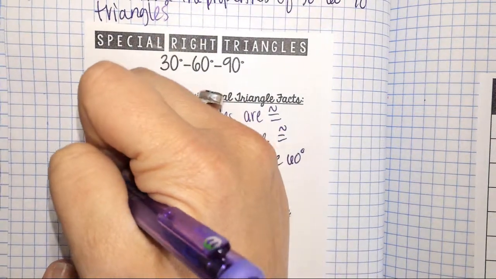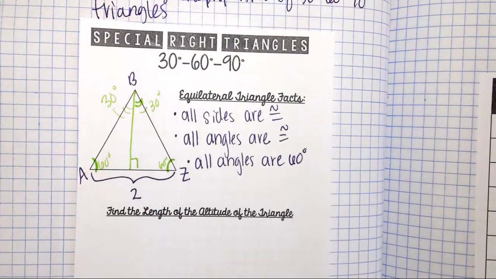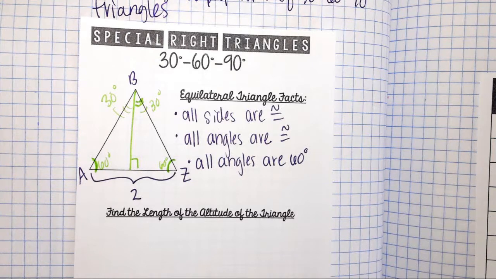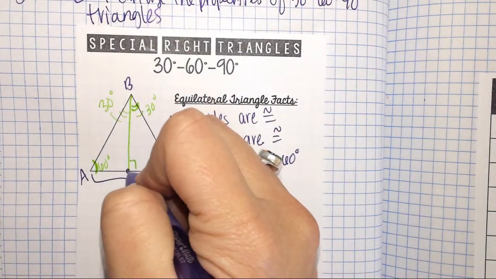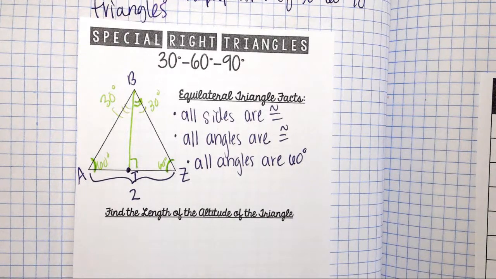And we're going to call this A, B, C. And we're going to call this point right here T.